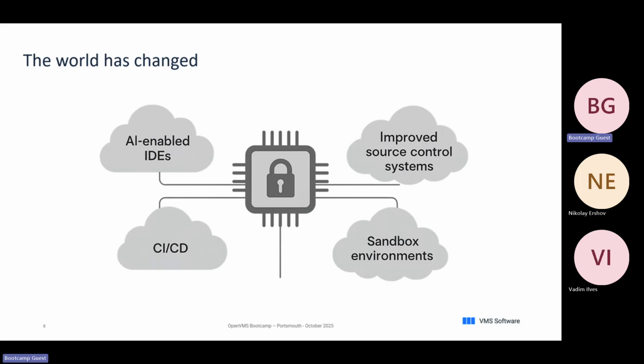Source control systems. We all know CMS was a good system, but Git is better. CI/CD. People expect continuous delivery, continuous integration. Developers really like sandbox environments, where you have your own environment, you can create a crash and burn system on your laptop.